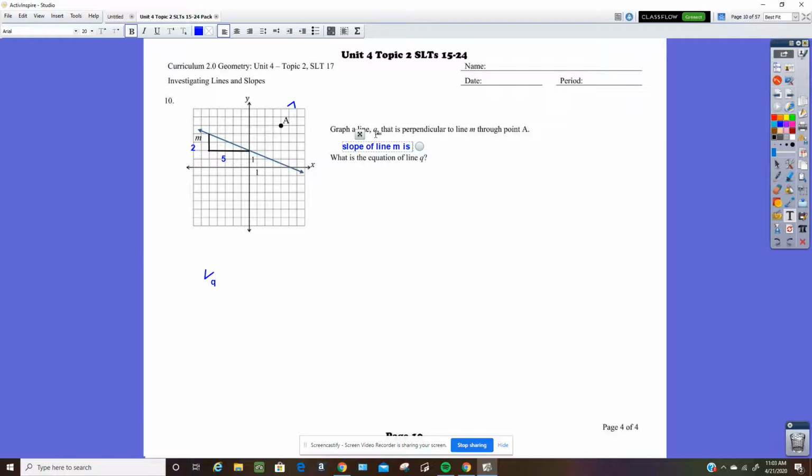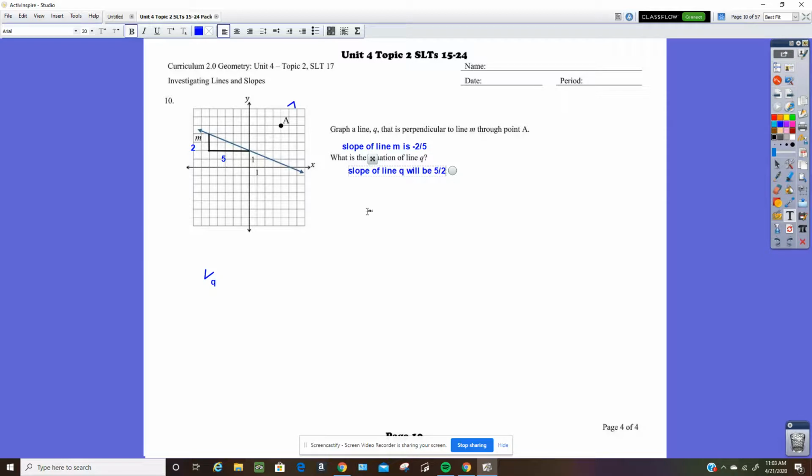So negative 2 over 5. So the slope of line Q will be 5/2.